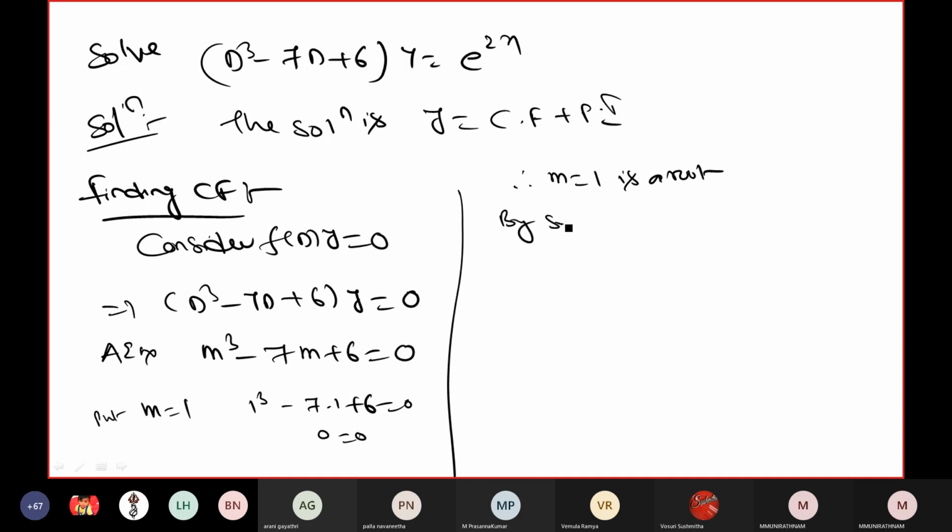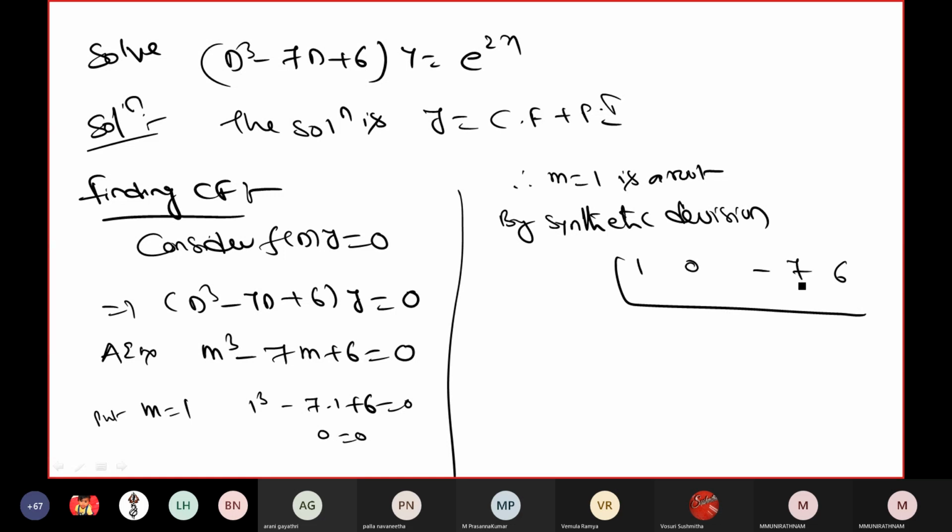By synthetic division, with coefficients 1 0 minus 7 6, we get m square plus m minus 6 equal to 0.